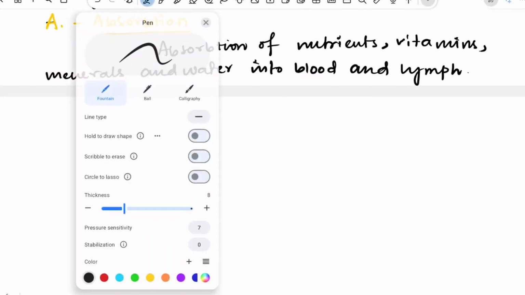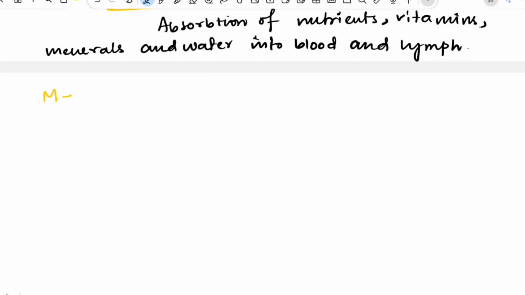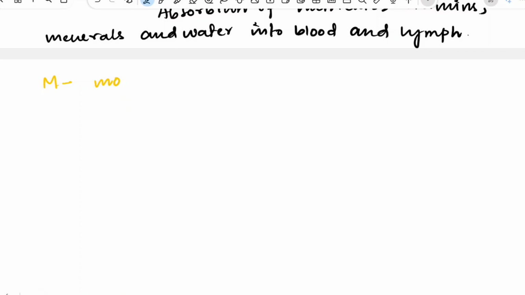So M means movement, or you can say motility. Motility or movement means here two types of movements are there.